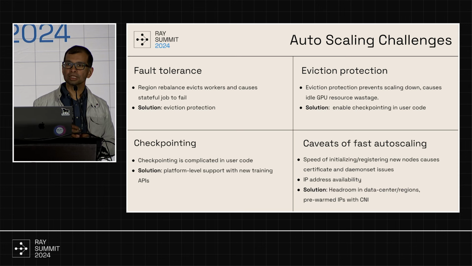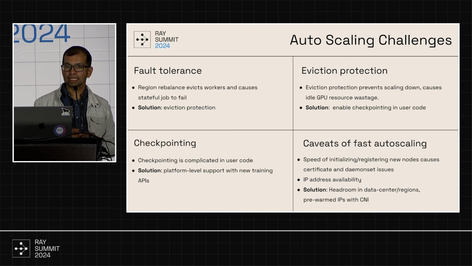To try to resolve that, we focused more on checkpointing. But to support better checkpointing, we had to introduce better APIs from a platform that users could easily use to have standard checkpointing across all different use cases.